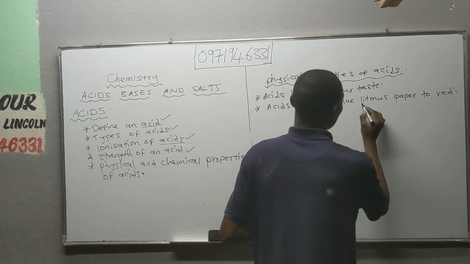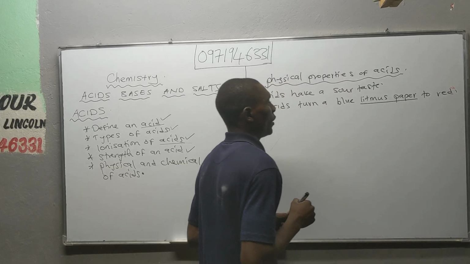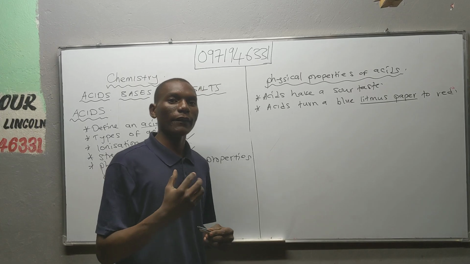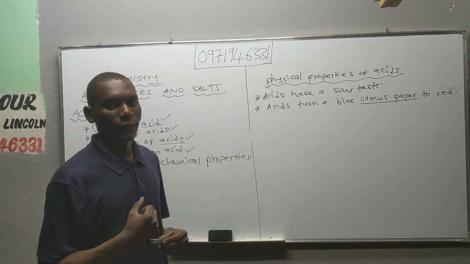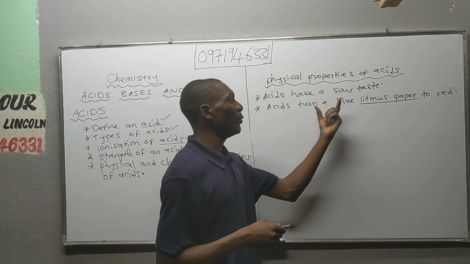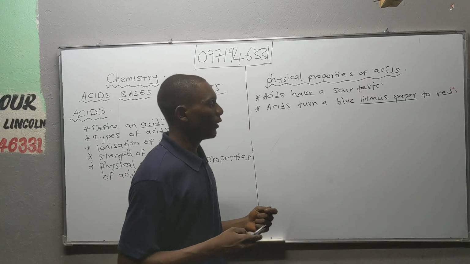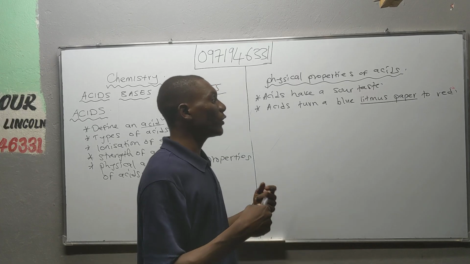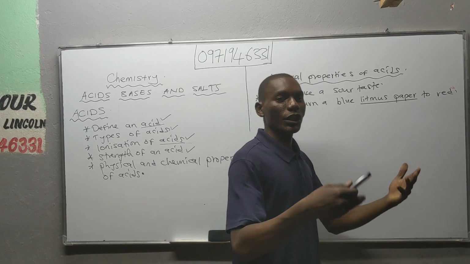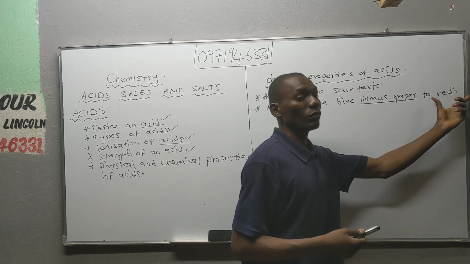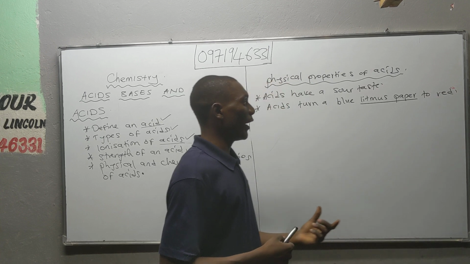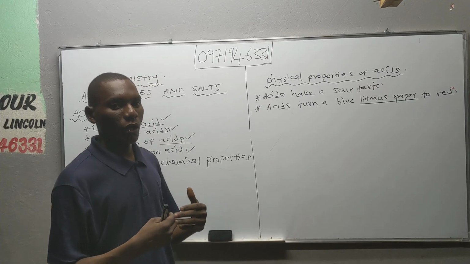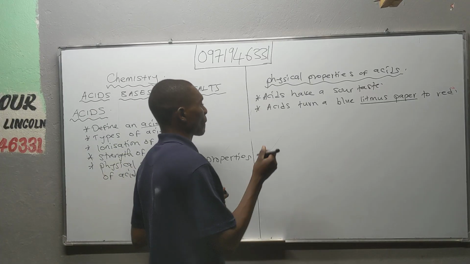When we talk of a litmus paper, it is an indicator which we can use to differentiate acids from bases. So if we get a blue litmus paper and put this litmus paper in an acid, it will change the color from blue to red. Alright, so acids turn a blue litmus paper to red.